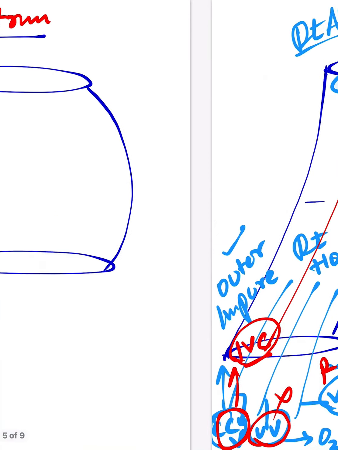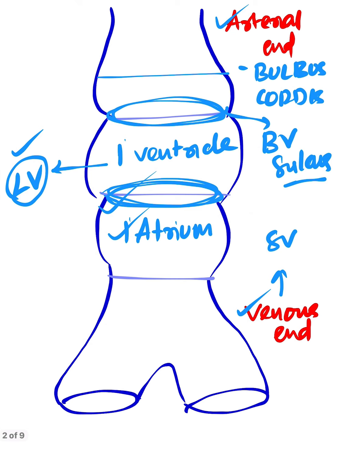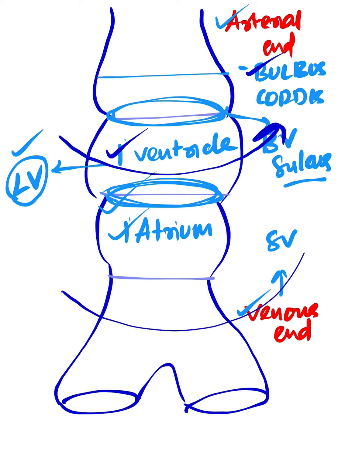Let's go back to our initial picture. This is the U-shaped loop. Whenever the U-shaped loop forms, there is a turn like this, a slight bend between the bulbus cordis and the primitive ventricle. But whenever there is an S-shaped loop, the primitive atrium and sinus venosus go behind the primitive ventricle and the bulbus cordis region.